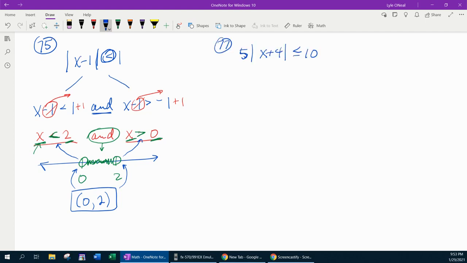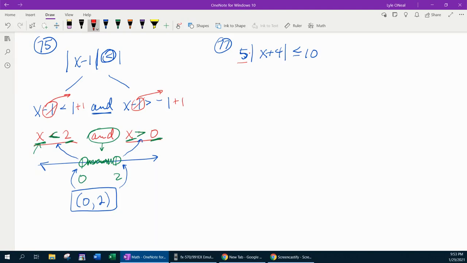Now for number 77, I get to teach you something new that I haven't said yet. If you're going to solve an absolute value inequality, the absolute value has to be isolated. That means only absolute value stuff on one side. And so notice here, we have a coefficient of 5 that is outside the absolute value. I'm going to have to get rid of it.